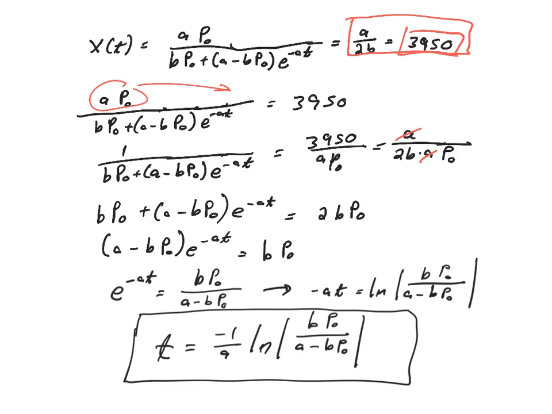Now, let me show you something sneaky that I did in all this, other than all the algebra stuff. Notice now I have found the time for when it reaches half of the capacity. And I did it in general. I didn't do it for that specific particular problem because, remember, this equation up here that I have, A over 2B, is actually the general equation for half of the capacity.